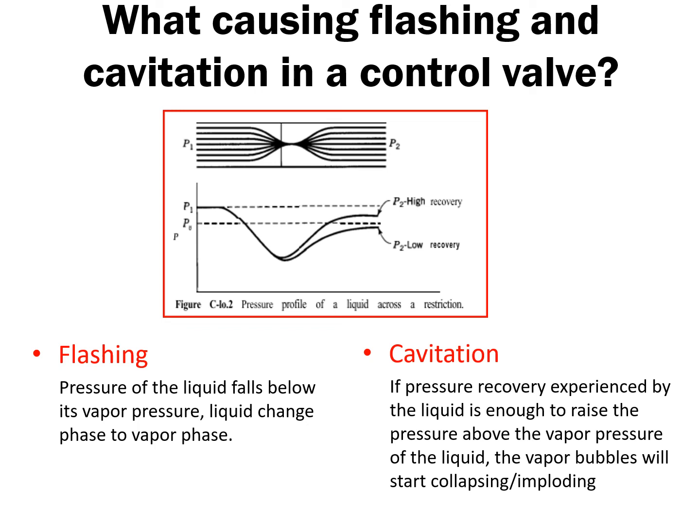Cavitation happens when the pressure recovery experienced by the liquid is enough to raise the pressure above the vapor pressure of the liquid. So when the pressure of the liquid rises above the vapor pressure, the vapor bubbles will start collapsing. That means inside the valve there will be bubbles. Those bubbles can cause pressure drop and noise in the valve, and make the valve unstable.